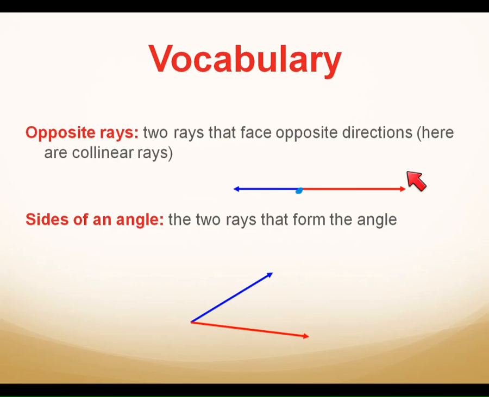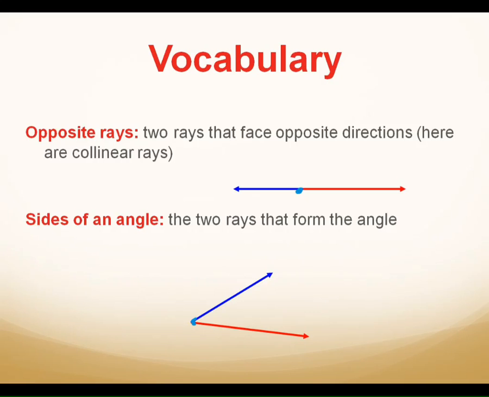The reason we need to know what rays are is because they form the sides of an angle. When we have an angle measure, the two sides of it are rays. And the vertex is this point right here, the point where they meet. That's the initial point of the ray. We have a blue ray going off this way and a red ray going this way.